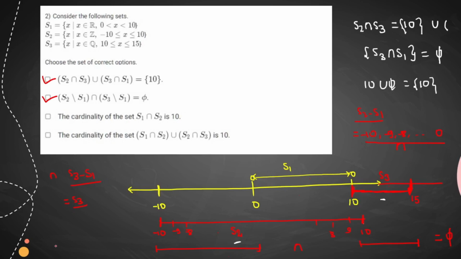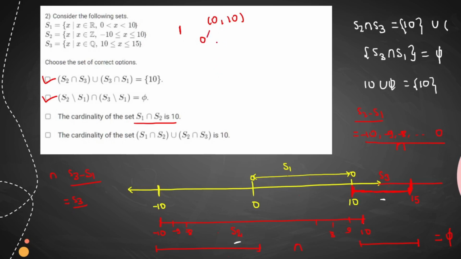The third statement is the cardinality of S1 intersection S2 is 10. We have to choose the intersection between S1 and S2. S1 is from 0 to 10 and S2 is from minus 10 to 10, but it takes only discrete values, so it will not include 0.